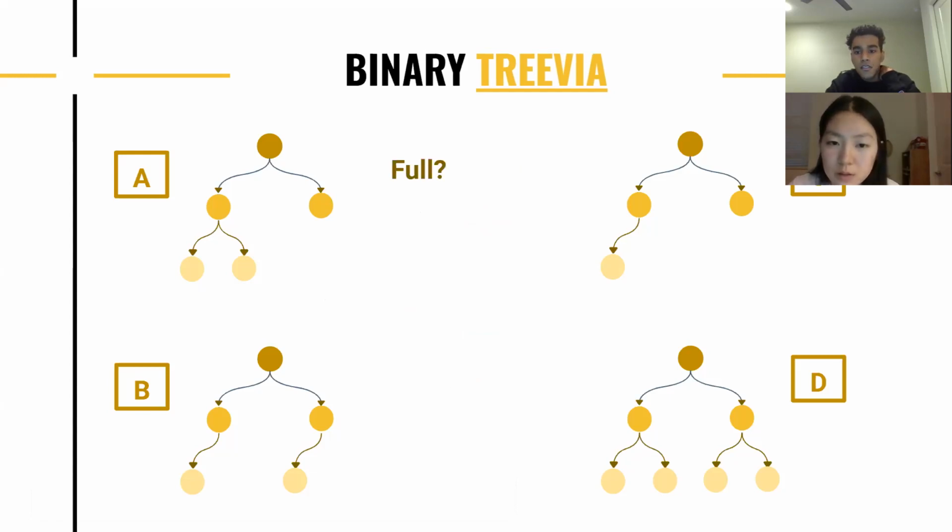Oh, there's a question in the chat. What if the bottom level was rightmost? There's not really a justification for why it's leftmost or rightmost. It's just the definition that people give for a complete tree. Binary trees aren't always sorted.